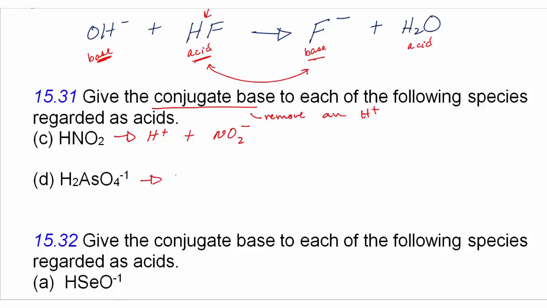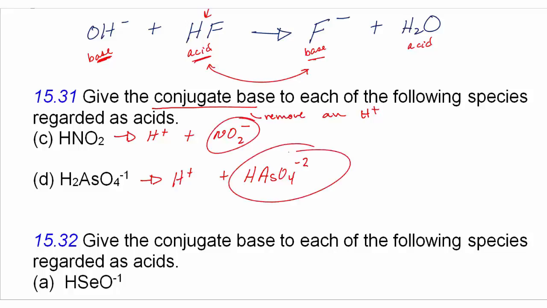Remove an H+ from the next one. You're left with only one hydrogen, and that -1 charge is going to get reduced to -2. So you have to remove an H+ to give the conjugate base. So here are our answers, those two.